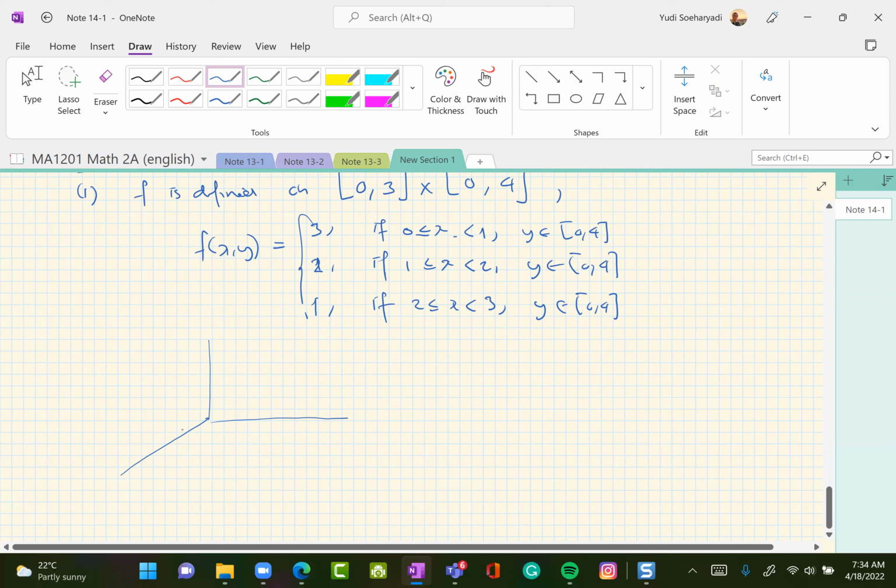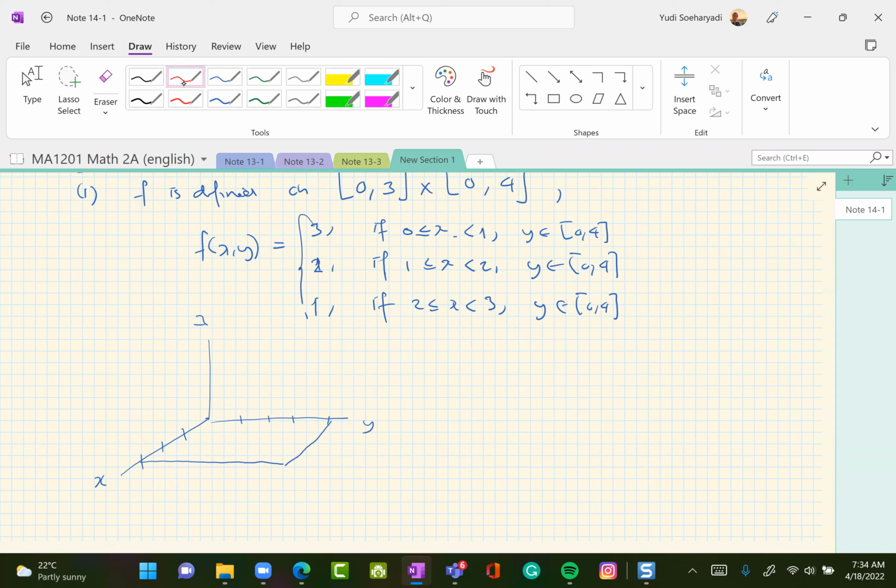So let's see, 1, 2, 3, 1, 2, 3, 4. So the picture looks like this one here. So height 1 here. Okay, so here you have height 1.